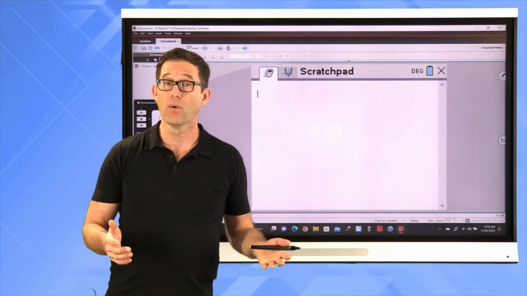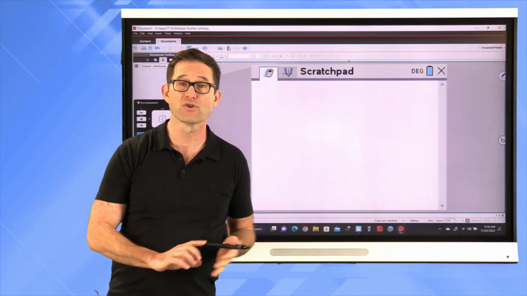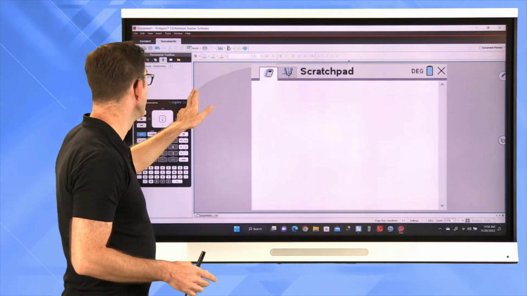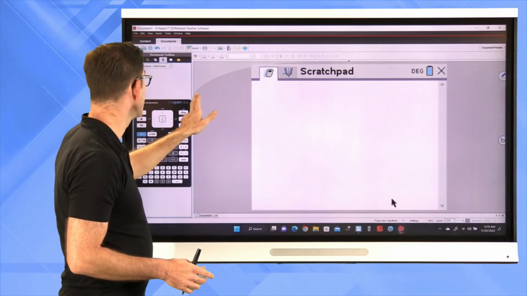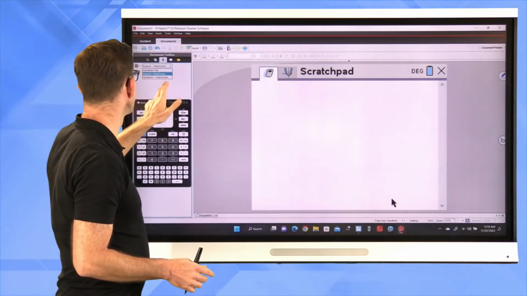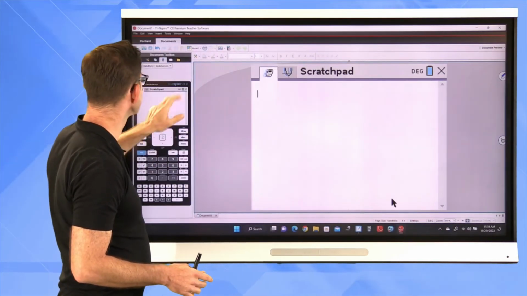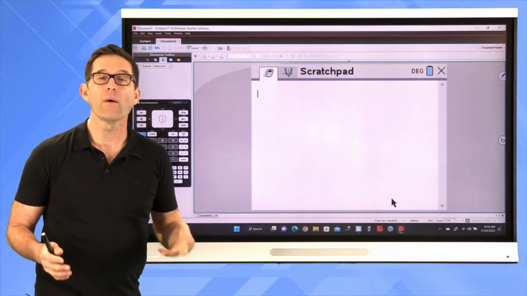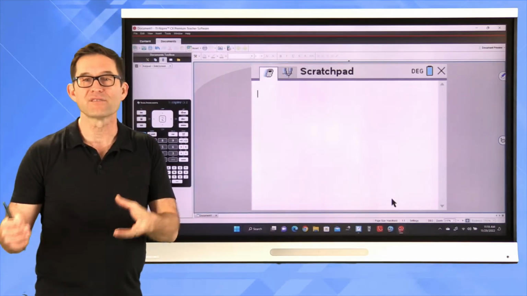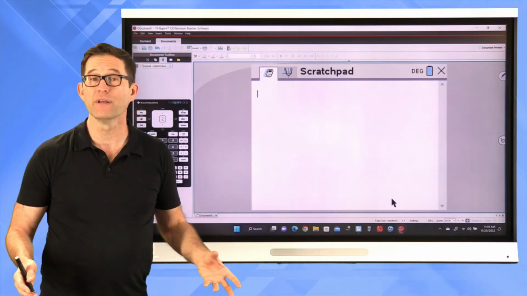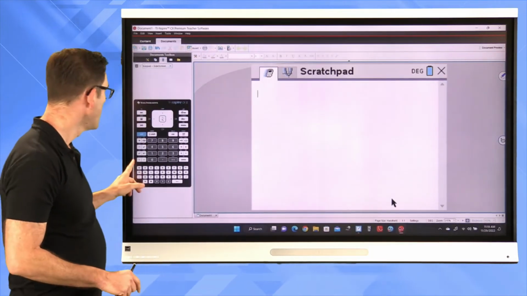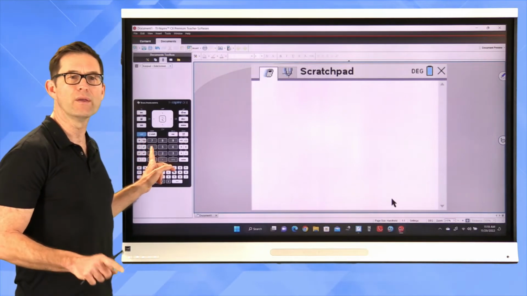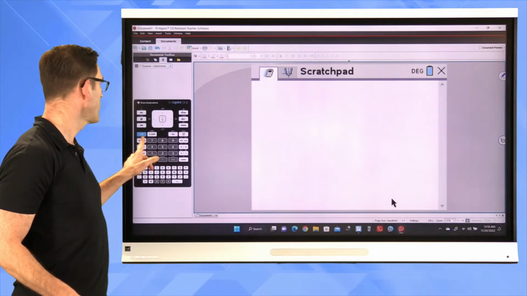So I want to know, and we're going to go back into our measurement for a second, what the sine of 35 degrees is, what that ratio is equal to. There's a button right beside the equal button, called the trig button.